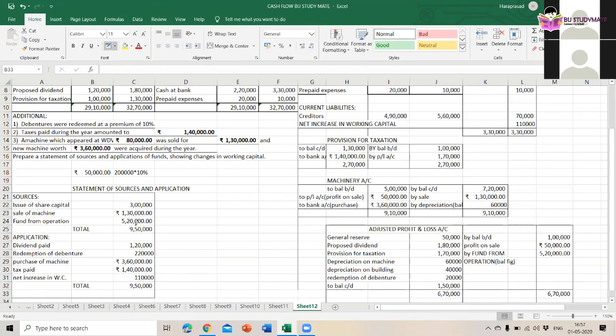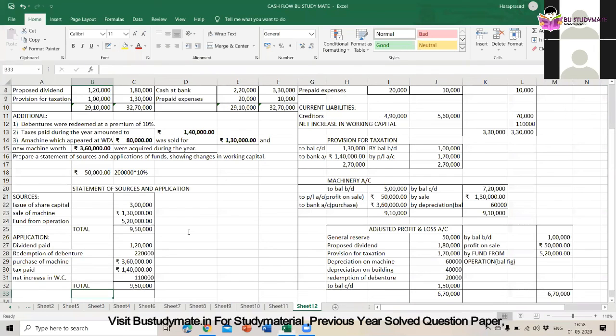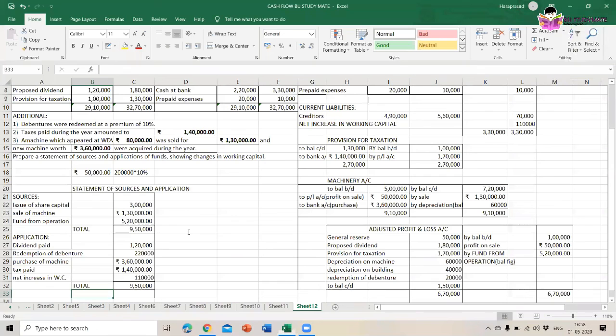Yes, you can ask the doubts. Here I have written purchase of machine 3,60,000 rupees.